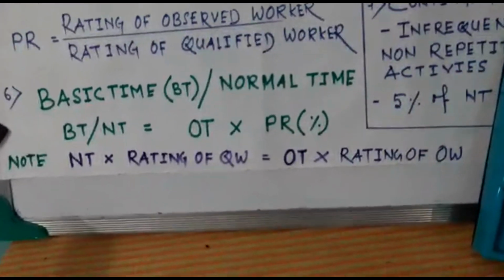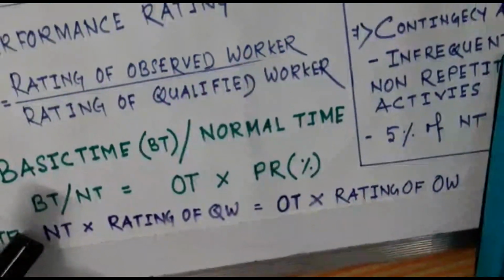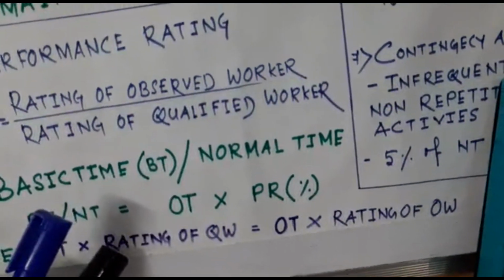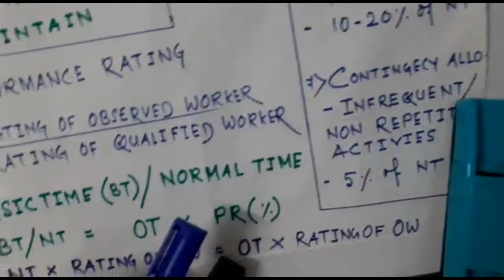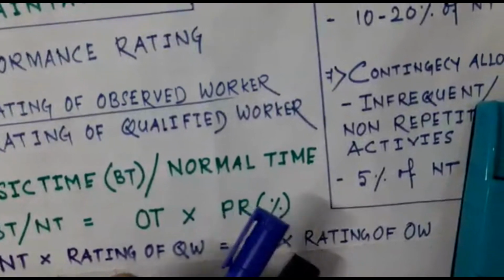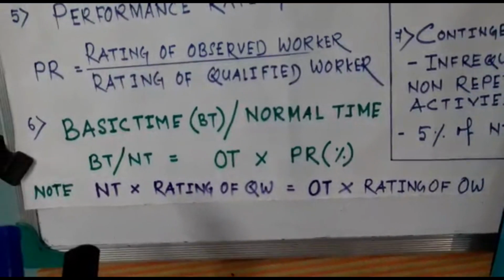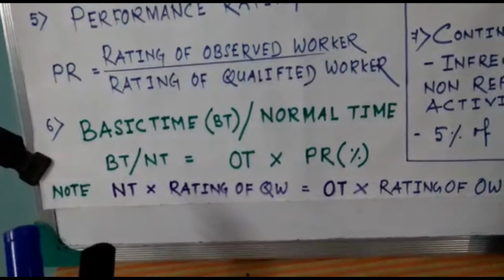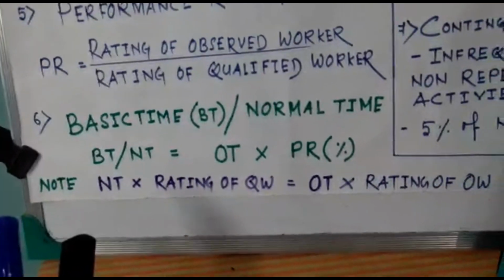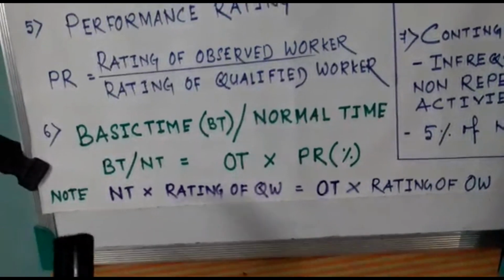So if you can see this, normal time into standard rating, that is rating of the qualified worker, equals observed time into rating of the observed worker. If you remember chemistry, when we do the volumetric analysis, V1 S1 equals V2 S2. That means volume into strength remains constant.